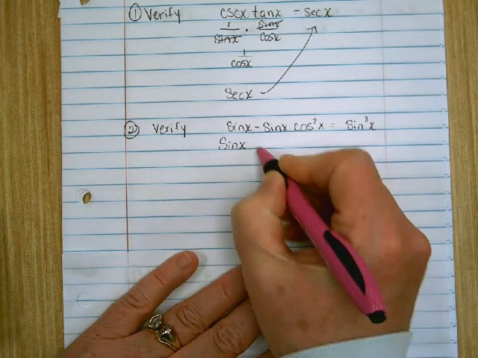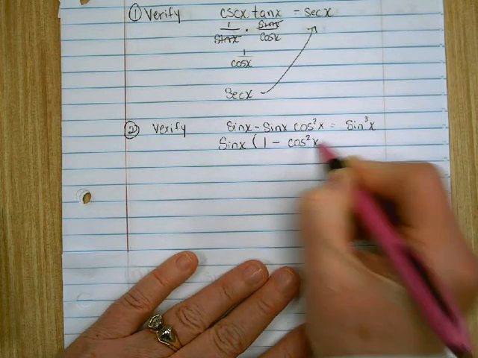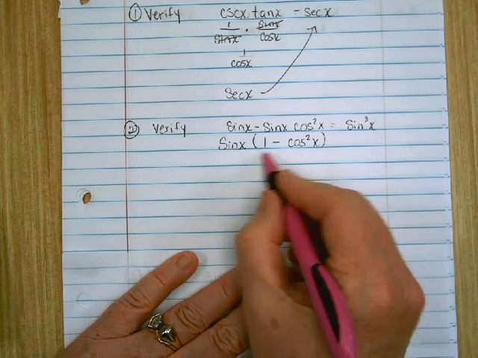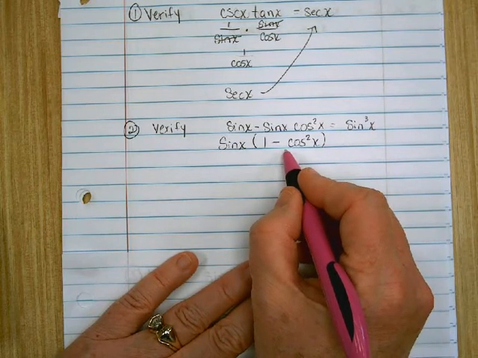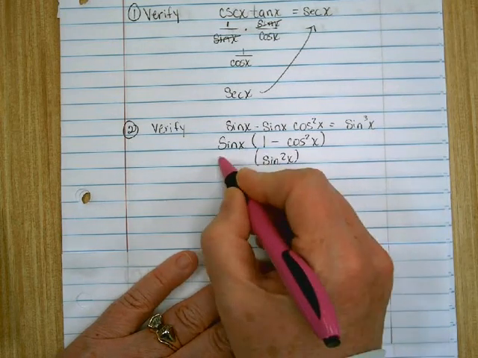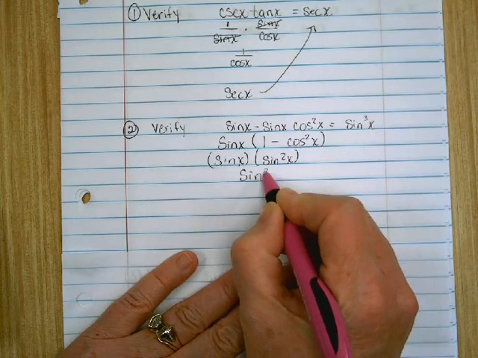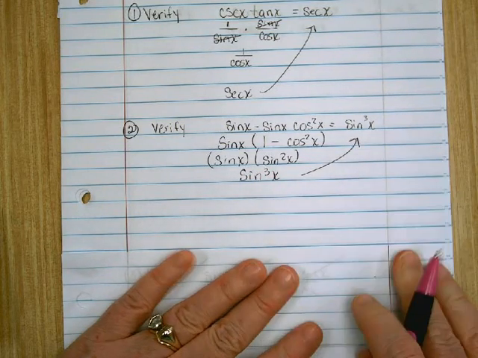When I factor out sine x, I'm left with 1 minus cosine squared x. Well, I know that 1 minus cosine squared x is really sine squared x. So when I multiply sine squared x by sine x, I get sine cubed x. So I have verified this identity.